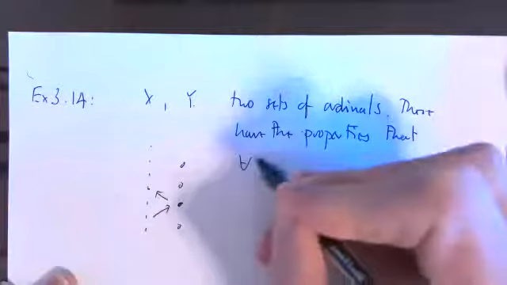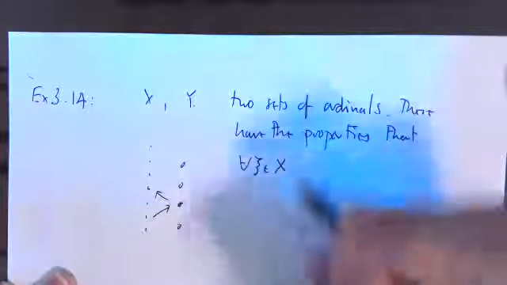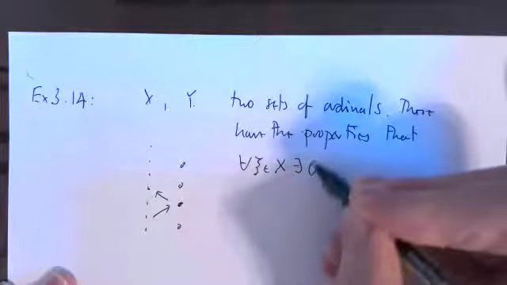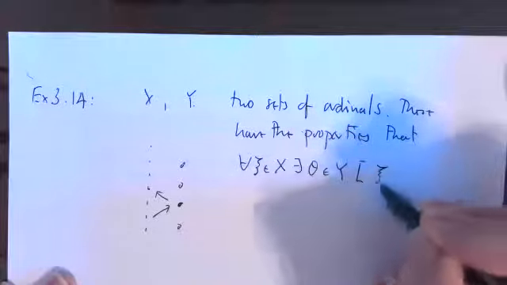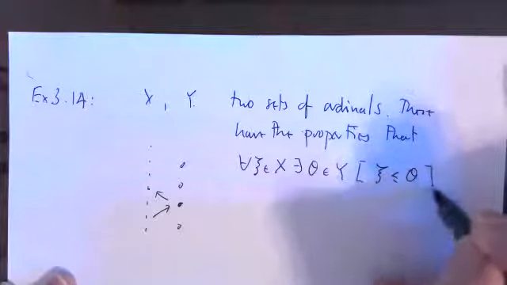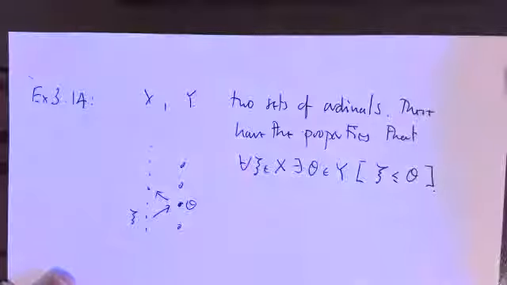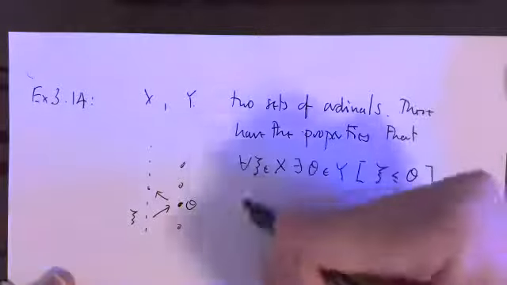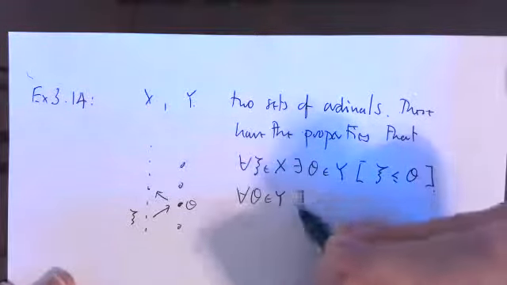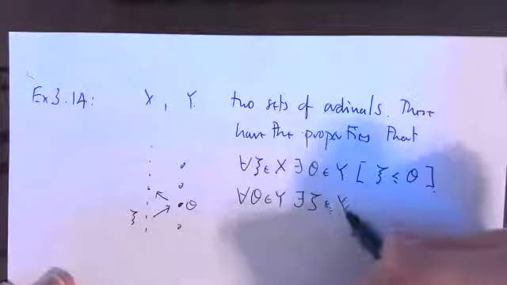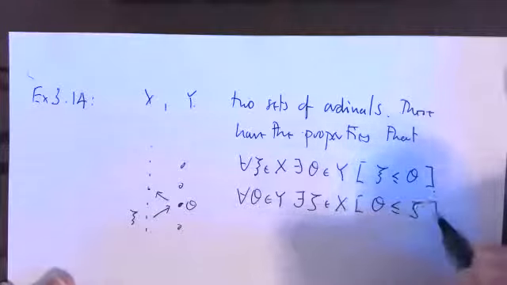So for every psi in X, there's a theta in Y such that psi is less than or equal to theta. But also, for every theta in Y, there is a zeta in X such that theta is less than or equal to zeta.